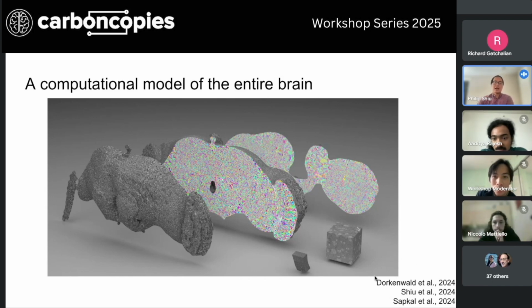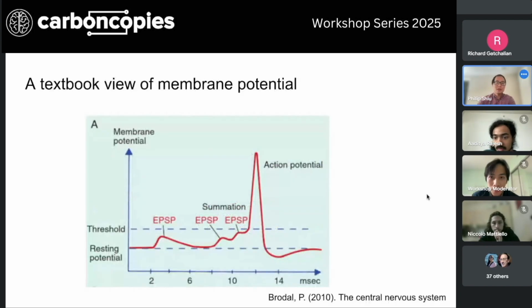This data has all the morphology of each individual neuron of the fruit fly brain, as well as the connectivity between all of the neurons in the brain. And you can read about that in the landmark Dorkenwald paper that was recently released.